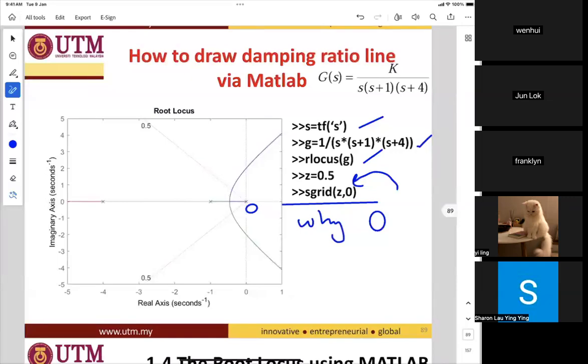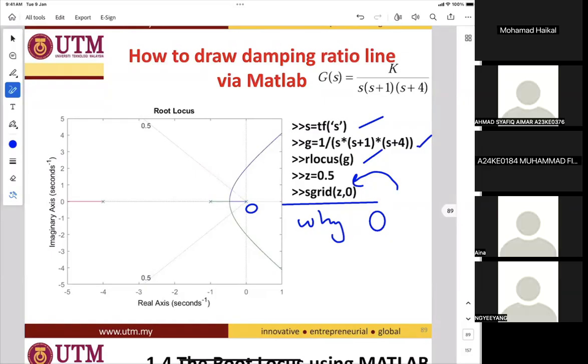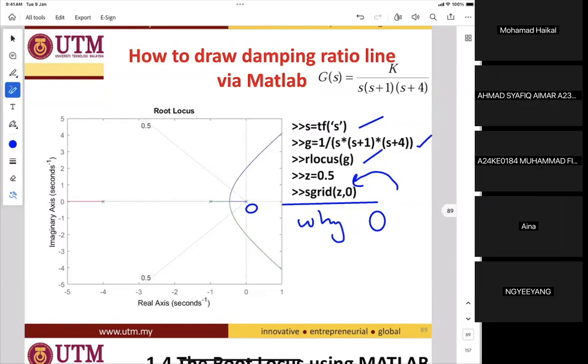Hello? Then why 0 in the command? Why not 1, 2, 10, 100? Because the open loop pole starts from 0. I mean the. Sharon? Wrong answer. Why 0 there?